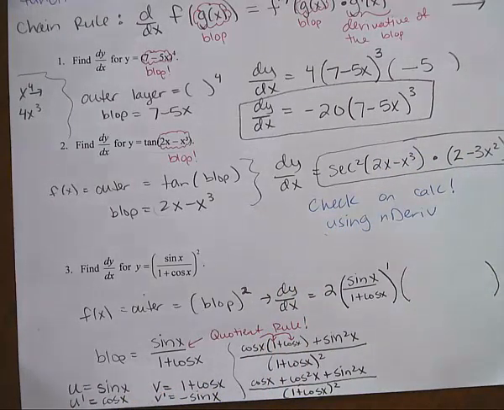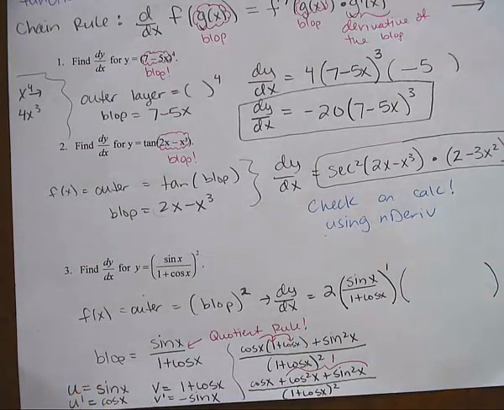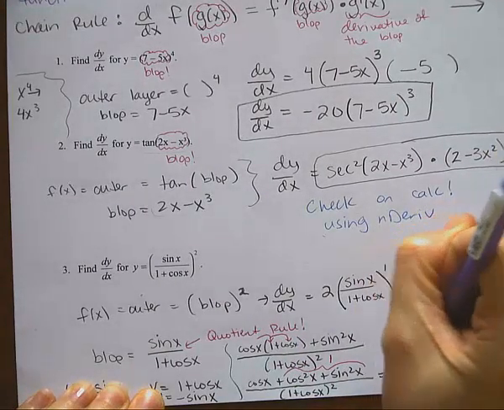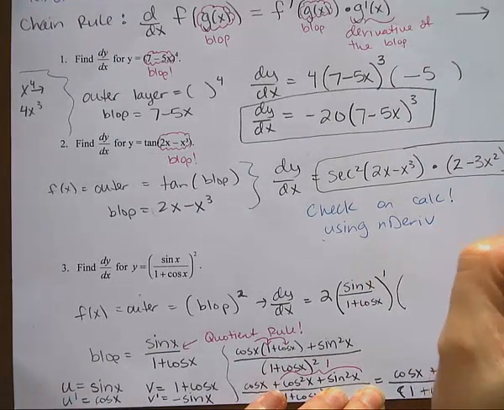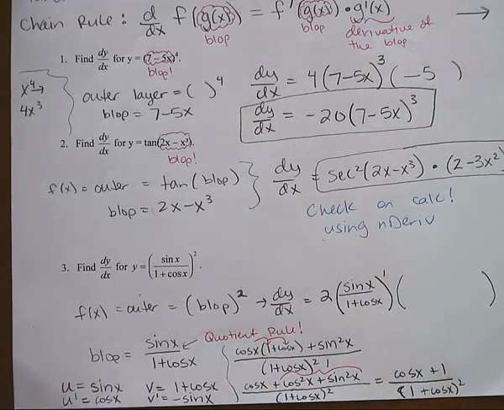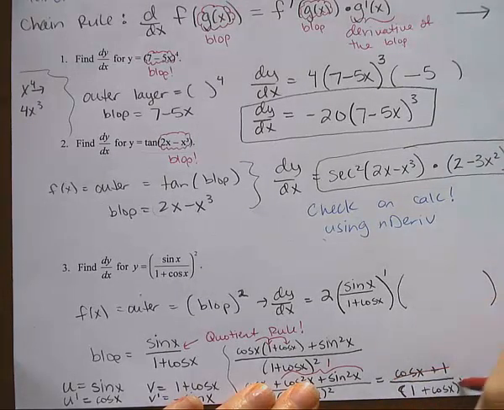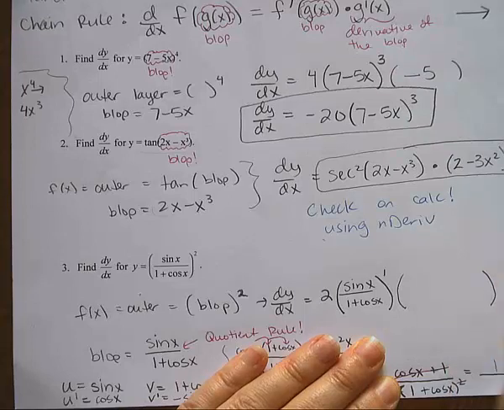Then I recognize again this identity right here. I've got cosine squared x plus sine squared x, which equals 1. So then this equals cosine x plus 1 all over the quantity of 1 plus cosine x squared. And then cosine x plus 1 is the same thing as 1 plus cosine x. So I can cancel out that factor and be left with 1 over 1 plus cosine x.